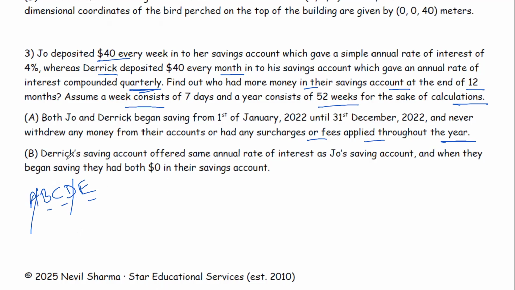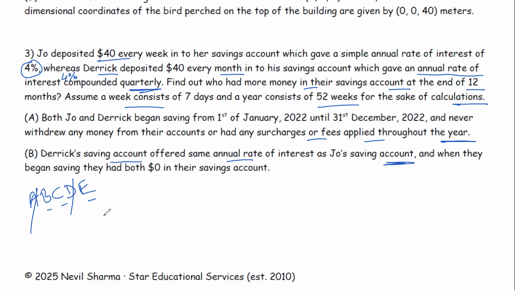B, C, or E. Derek's savings account offered the same annual rate of interest as Joe's savings account, right? So if Joe's is 4%, out here the annual rate of interest compounded quarterly, we now know it is 4%. Correct? Yes, so in A also we couldn't have solved it even though they had mentioned a zero because we did not know the 4% part.